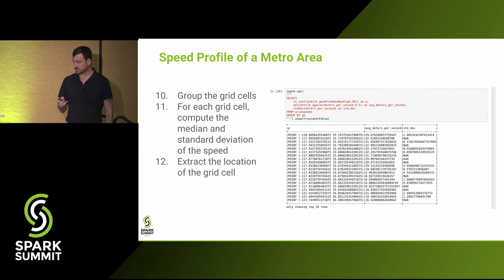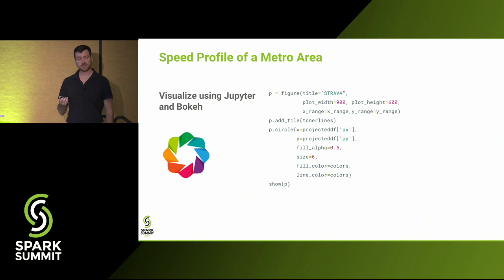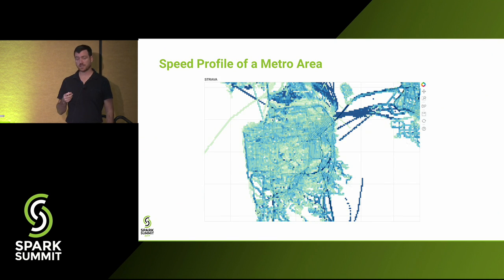And the result is a table where we have the centroid of the particular grid cell and the various statistics, which we can then repeat our analysis with pandas and Bokeh and return a visualization of the speed, in this case, of activities in San Francisco.